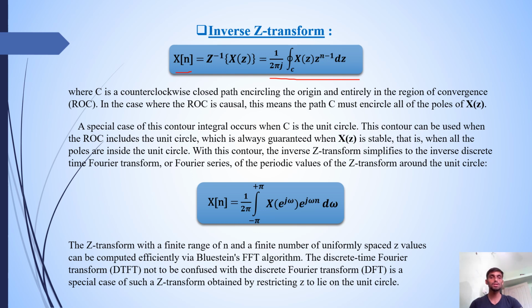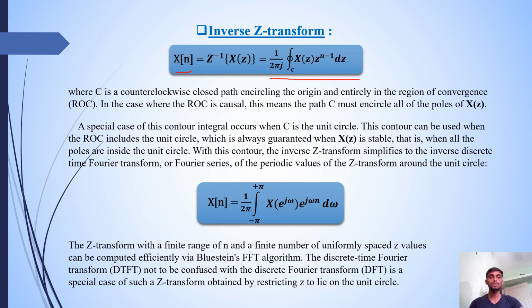A special case of the contour integral occurs when C is the unit circle. The contour can be used when the ROC includes the unit circle, which is always guaranteed when x of z is stable, that is, when all the poles are inside the unit circle.